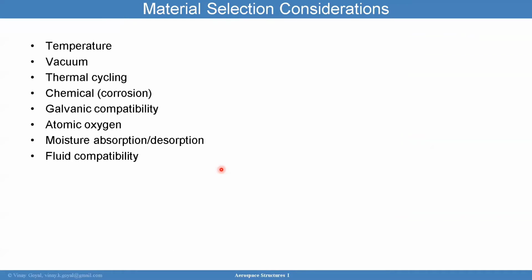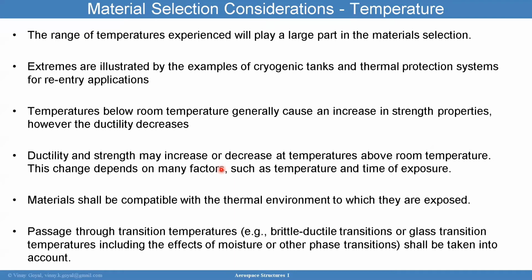So the material selection considerations that we're looking at here are temperature, vacuum conditions, thermal cycling, chemical corrosion issues, galvanic compatibility, atomic oxygen, moisture absorption, and fluid compatibility. So you want to balance all these effects against cost. You want to balance that against strength and modulus.